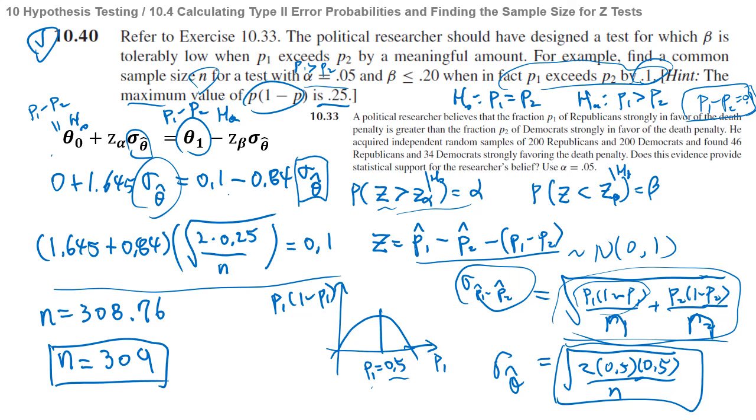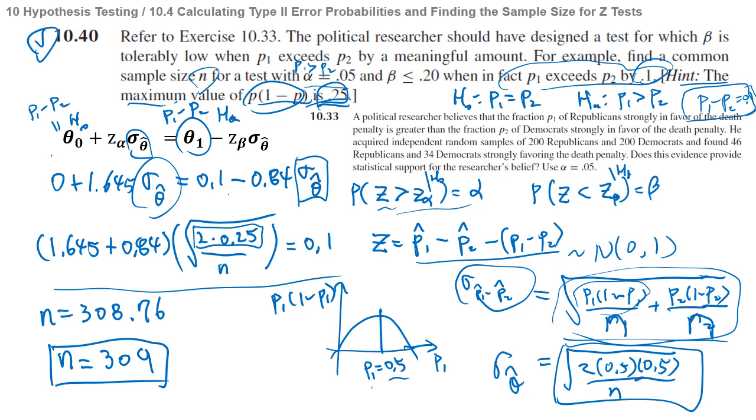And from here, we use the maximum value of this thing. Probably some of you may wonder why we need to use the maximum value of this. If we have a larger value of this, then our n should get larger.